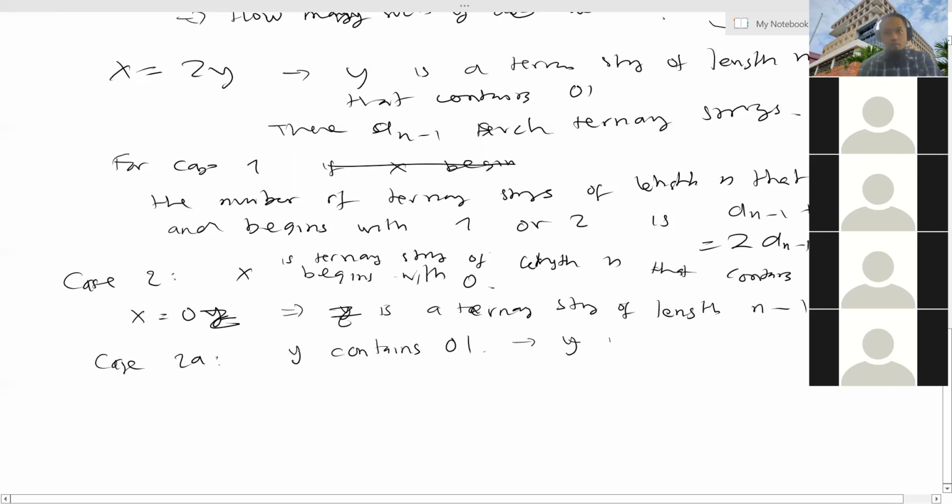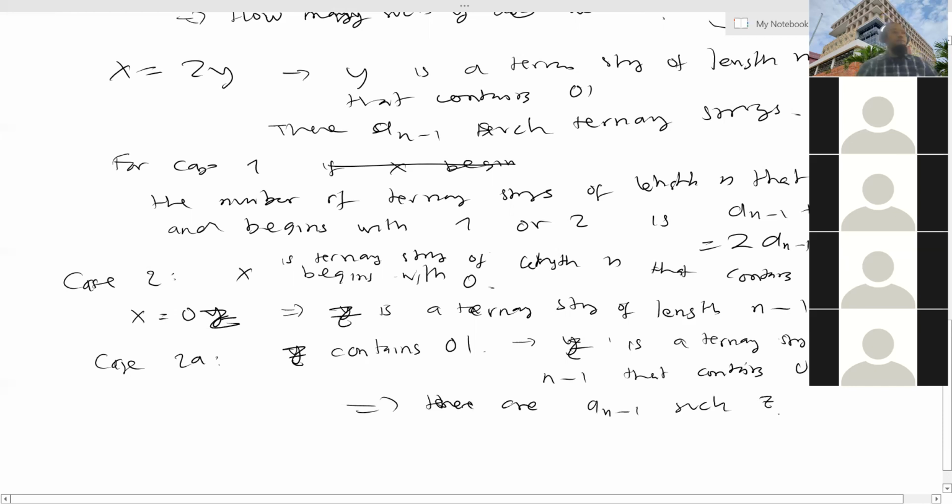Now we have two cases. In case 2a, z itself contains 01. So z is a ternary string of length n minus 1 that contains 01. There are, of course, A(n-1) such z, right?